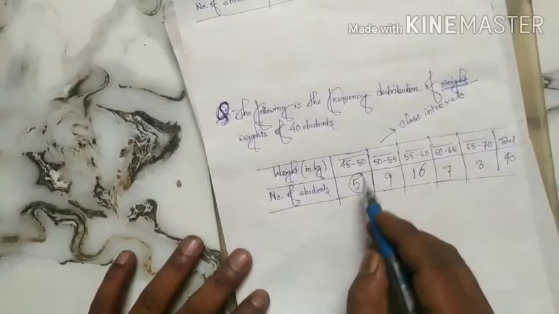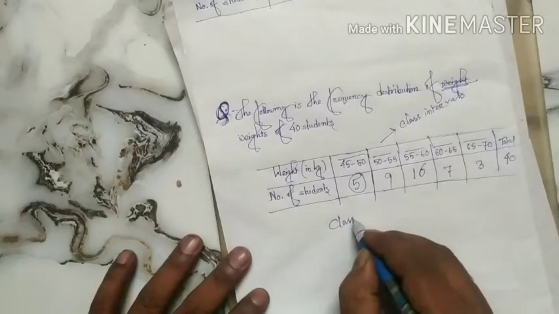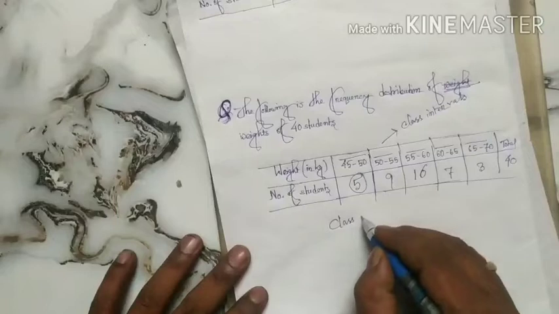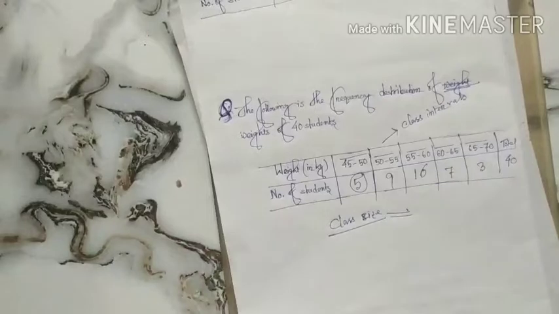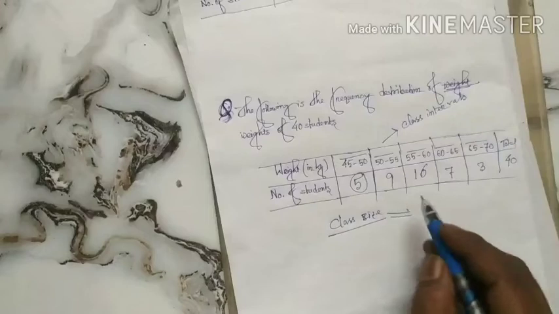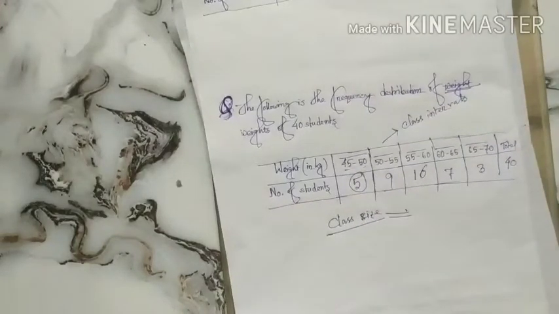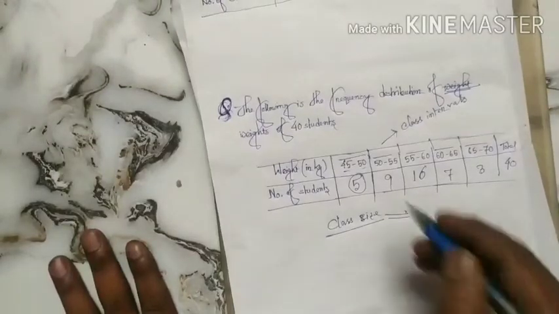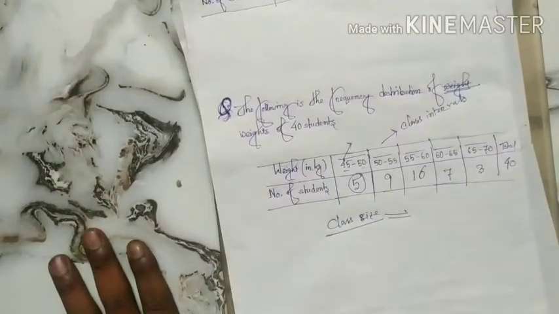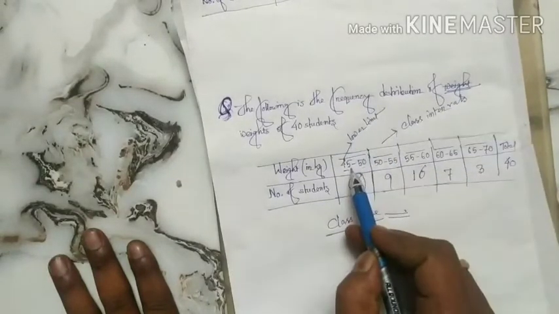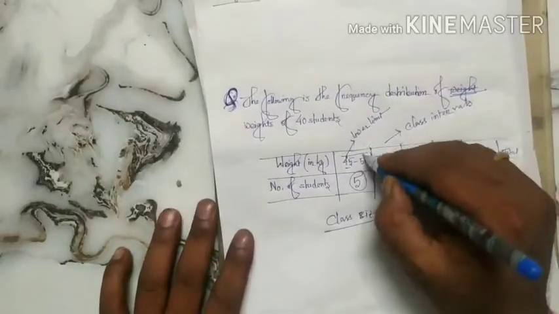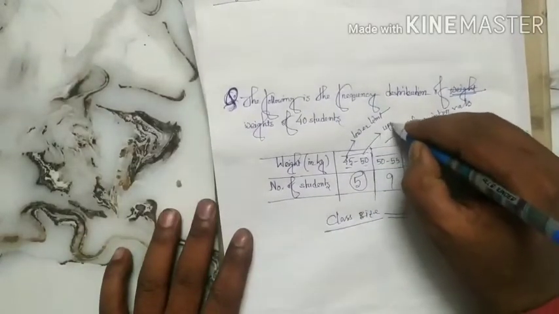And what is the class size? Class size of an interval means how long the class is. For 45 to 50, the length of the class is 5. 45 is the lower limit of this class interval, and 50 is the upper limit.